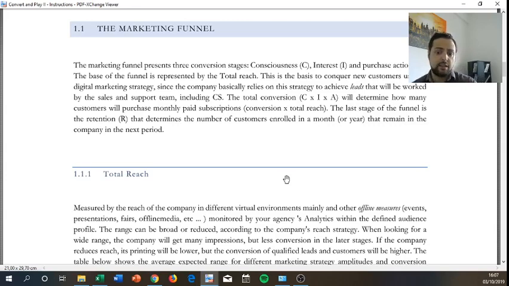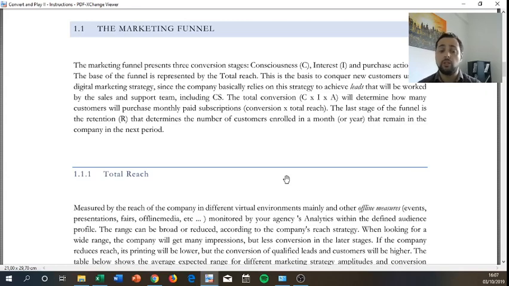Your objective is to estimate your conversion for making new decisions. Then the funnel will run, and based on your decisions, your conversion will represent how many customers you will achieve.